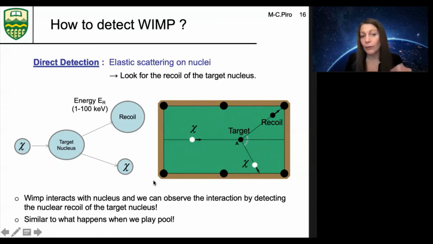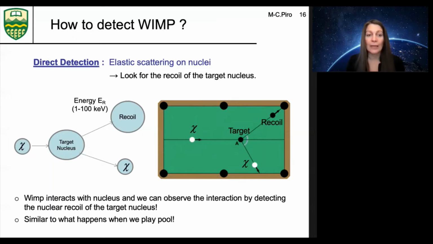The dark matter diffuses in a certain way, but what we have left is the nuclear recoil of the target nucleus. It's really like a pool table where you have the target here, and finally you do the elastic scattering and put this recoil here. So the WIMPs interact with the nucleus, and we can observe the interaction by detecting the nuclear recoil of the target nucleus.